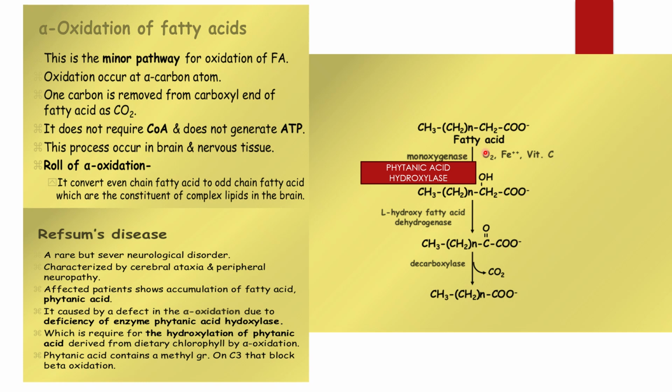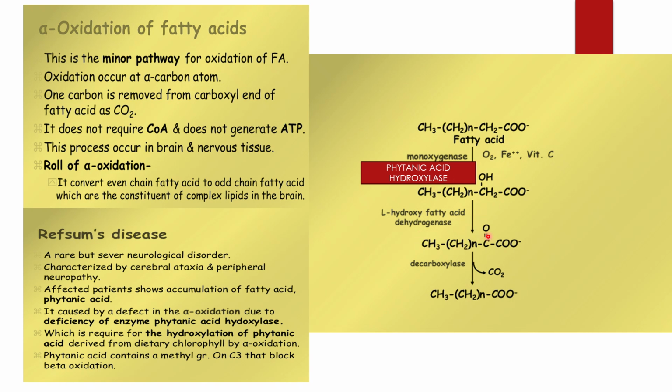Phytanic acid undergoes hydroxylation under the influence of the monooxygenase family enzyme, phytanic acid hydroxylase. In the presence of oxygen, iron and vitamin C, there is an addition of a hydroxy group at the alpha carbon atom. So this is an alpha-hydroxy fatty acid being formed.